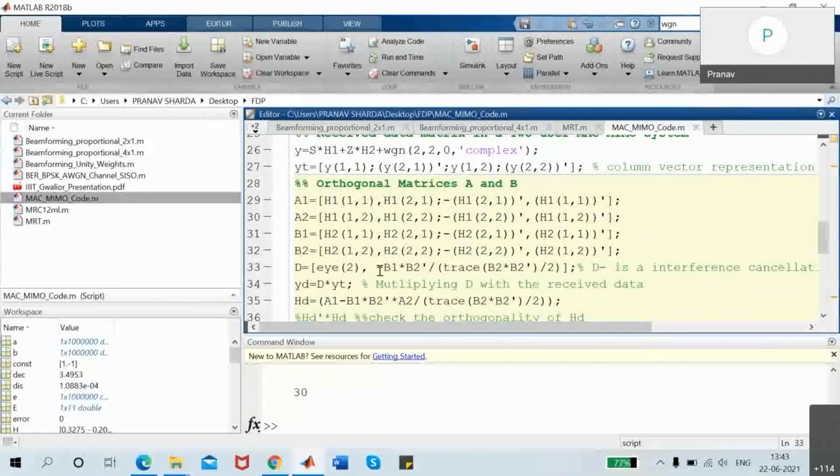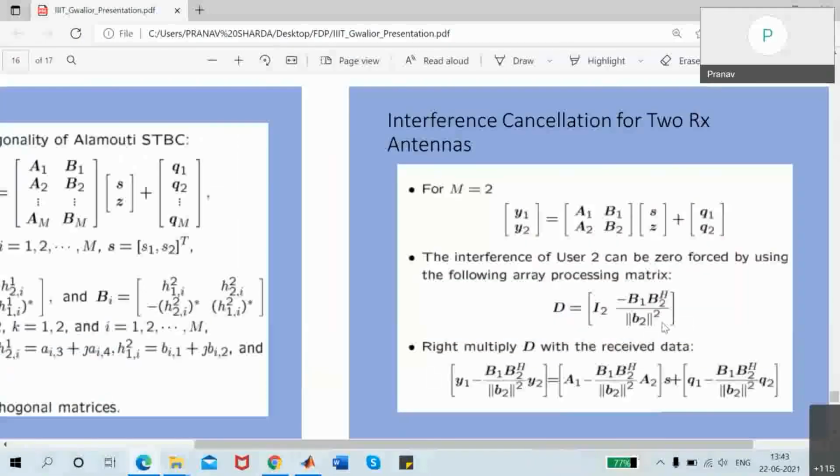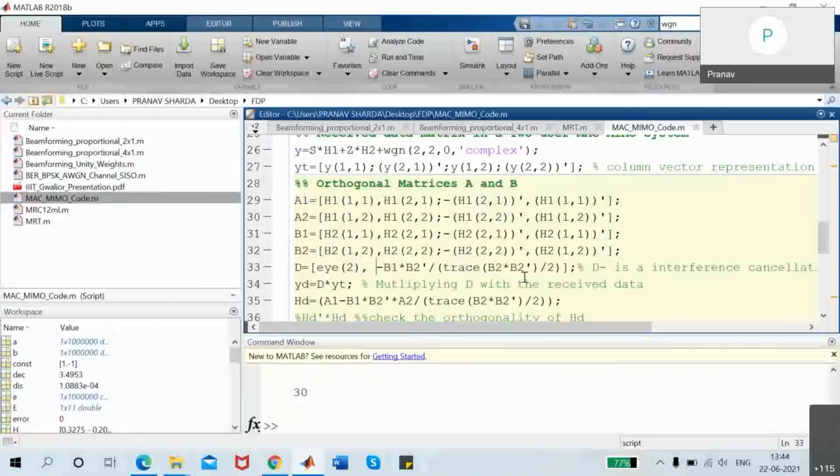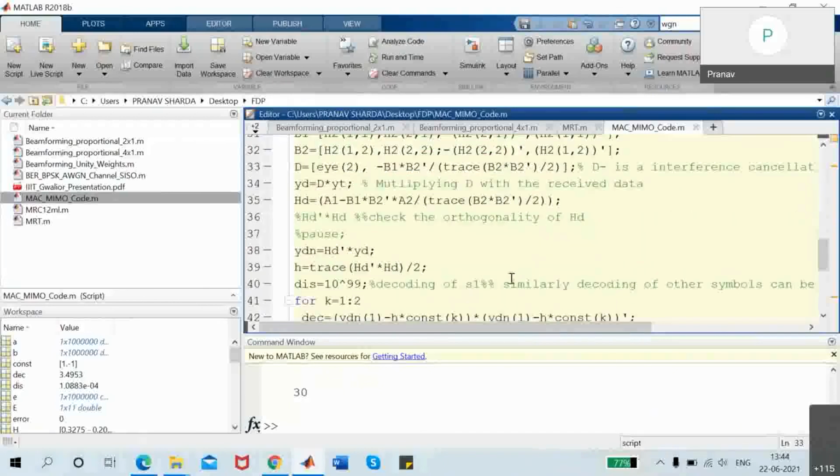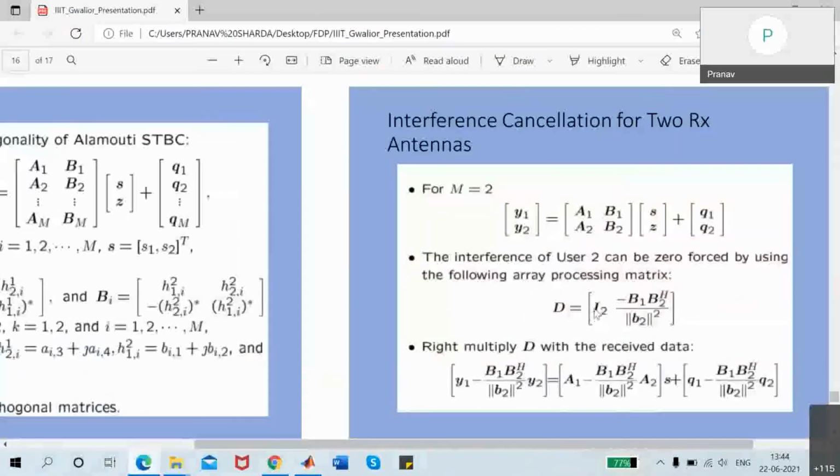We have written it minus B1 into B2 Hermitian, divided by norm of B2 squared, which is equivalent to writing the trace of B2 Hermitian B2. So this D is an interference cancellation matrix that will minimize the effect of interference of one user with respect to another at the receiver side.